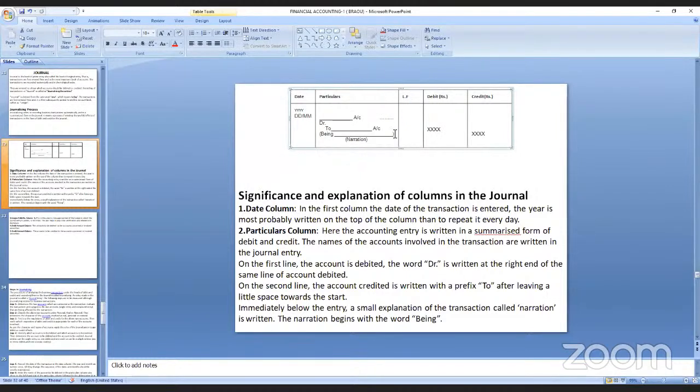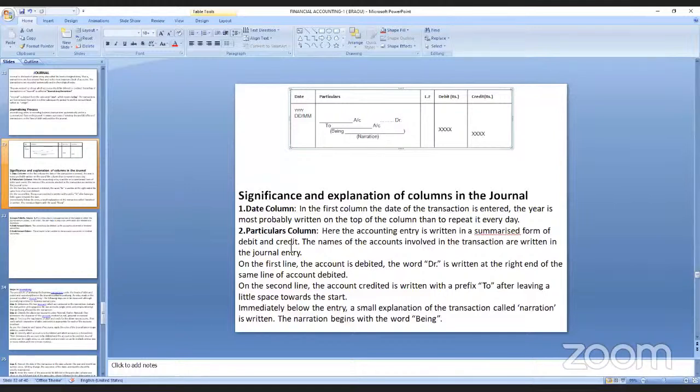Got it? Now, understood by everyone? The table will be this. Purchases account debit, to cash account. On the other hand, you must write it in the same way. Being the goods are purchased on cash. This is the narration you have to write.